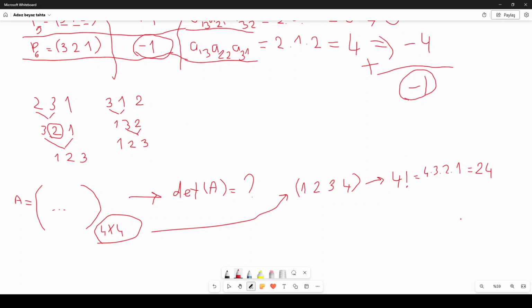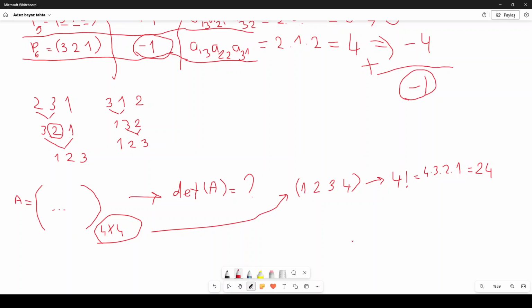And that means we need to first find the 24 different permutations along with their signs, and then by making use of the components of the matrix and permutations, compute all the multiplications and sum them up. And this really requires a heavy computational task for us.